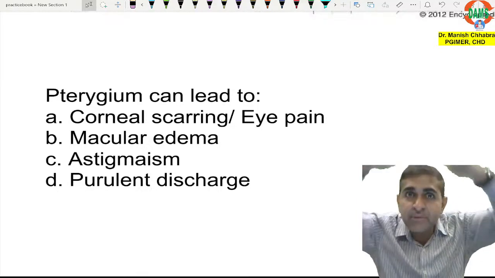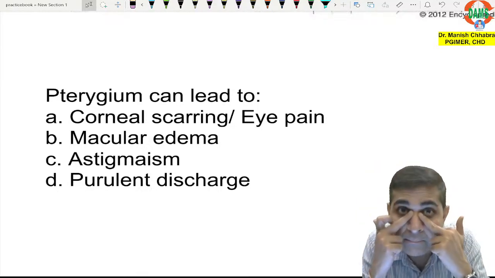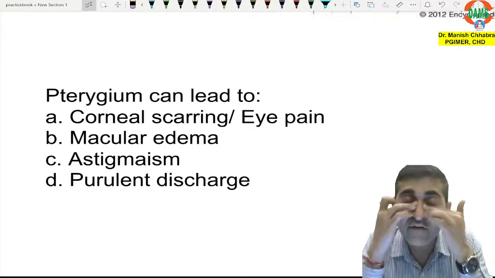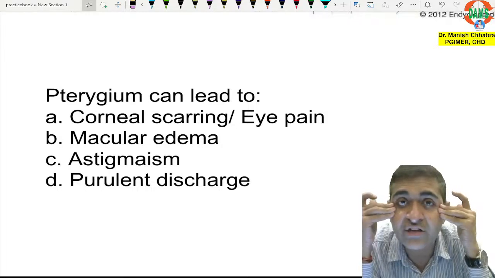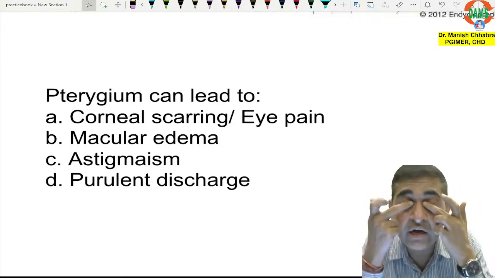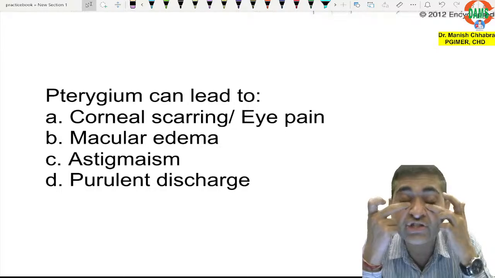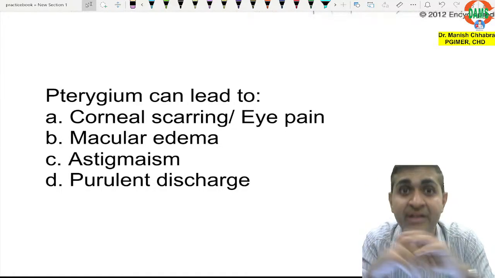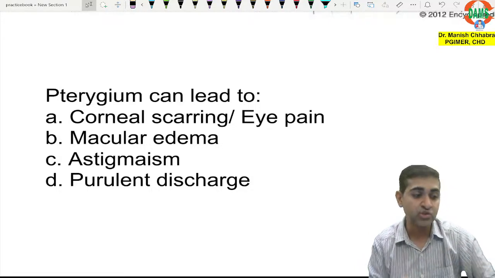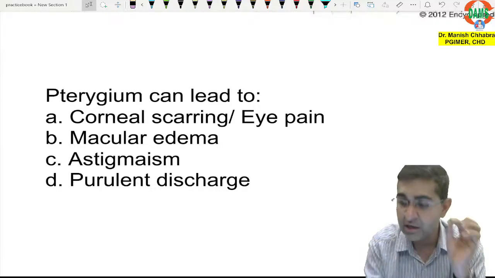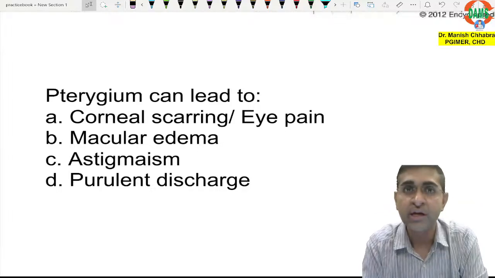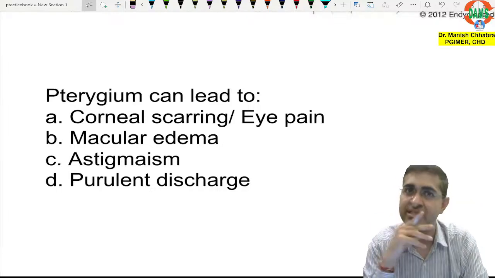When the light is coming from above, it strikes the bridge of the nose, and from there it gets deflected by 90 degrees. When it gets deflected, the site which receives the maximum UV rays is the nasal conjunctiva. That is why there is elastotic degeneration of the nasal part of the conjunctiva, which leads to pterygium. So most common site is the nasal site.